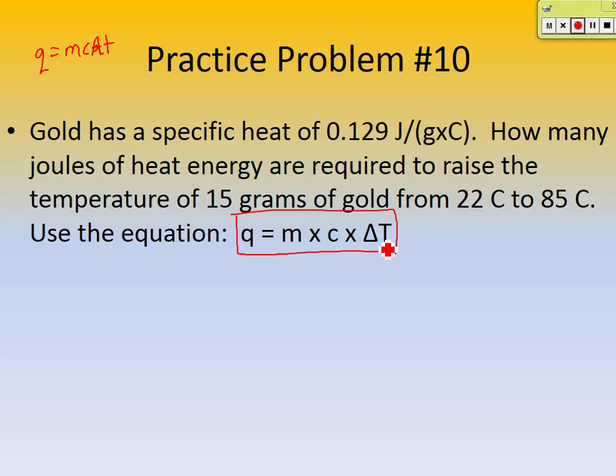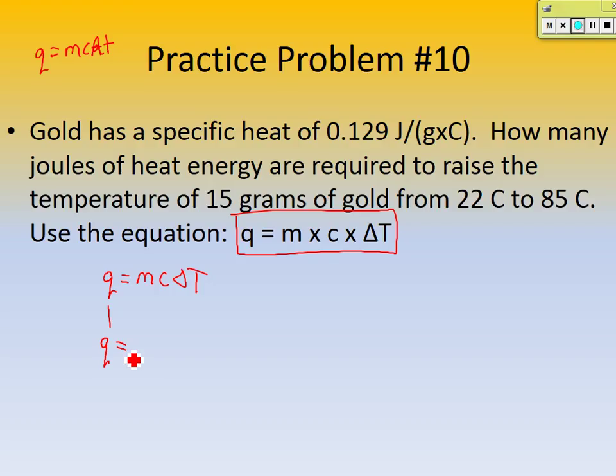All right, let's write that equation down. Q is equal to mc delta T. Let's plug in our variables, guys. Do we have Q? It didn't give us Q, right? So I'm going to keep calling it Q. What is M? M stands for mass.